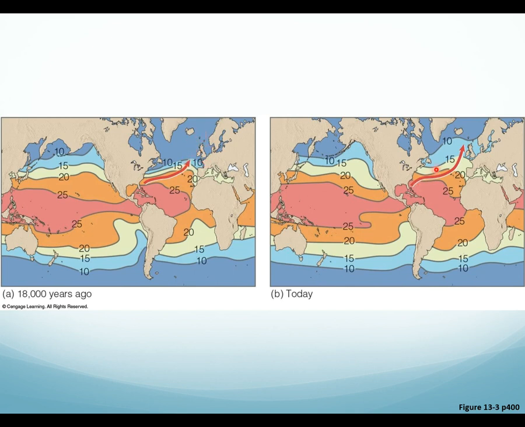Now, they sort of do the same, but they go further north and they pick up more warm water. And you can notice how these warm water temperatures have expanded into other regions. So yes, definitely today, the oceans have felt a huge difference in temperature from what they did 18,000 years ago.